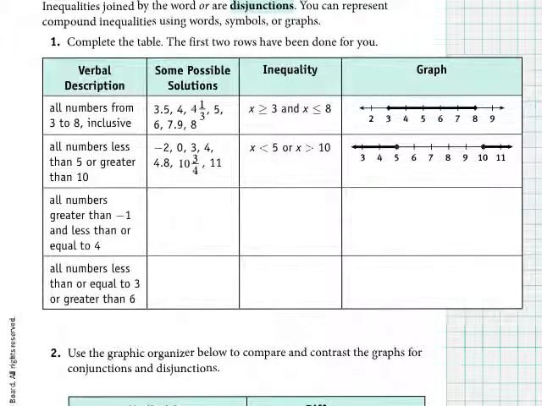Now let's think about an or problem. I want you to stand up if you're female. Okay, go ahead and sit down. Now I need you to stand up if you have long pants on.